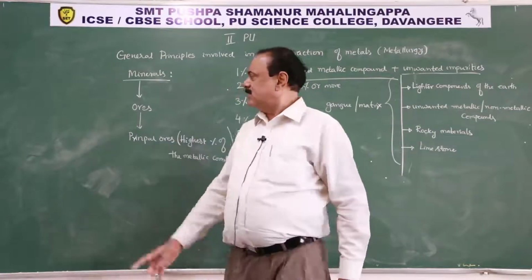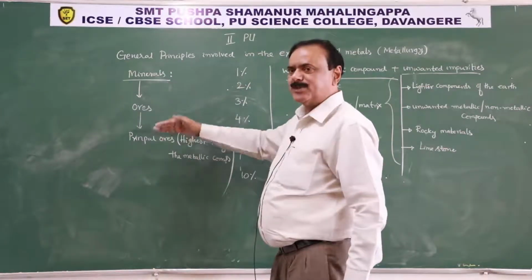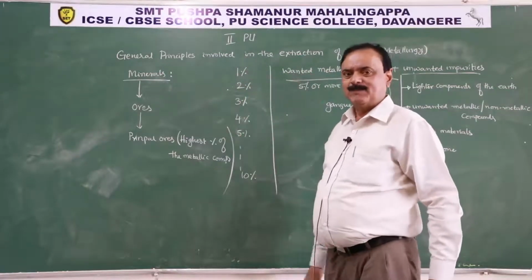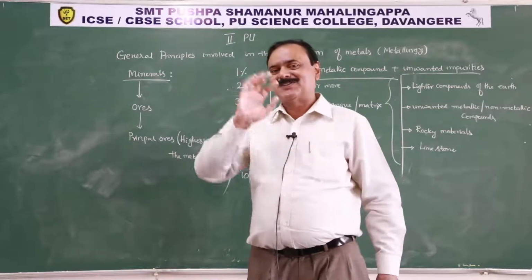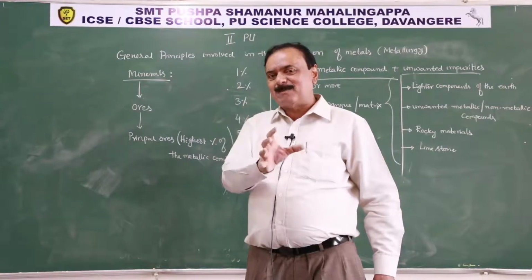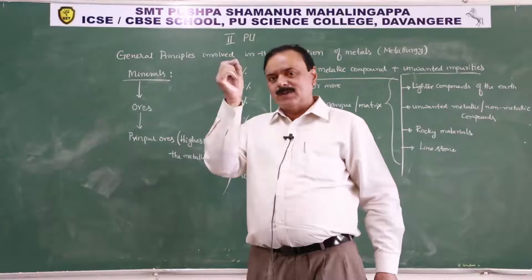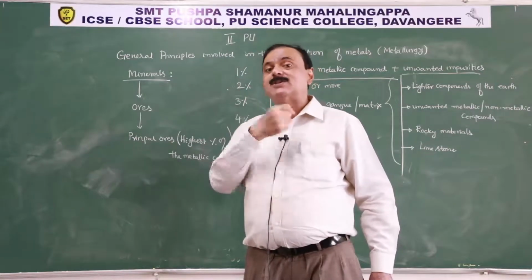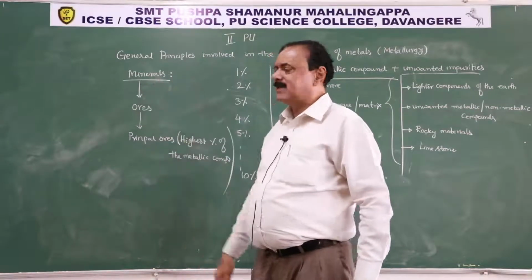Now, the definitions. What is ore? Ore is the mineral from which the metal can be economically or profitably extracted. All ores are minerals, but all minerals are not ores. If the given compound is a mineral, we can isolate whether it is an ore or not.